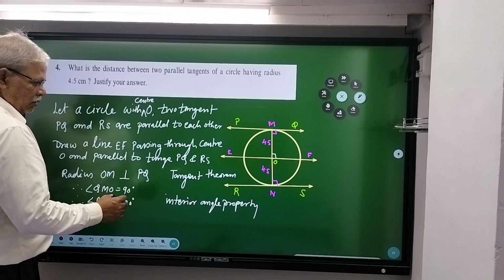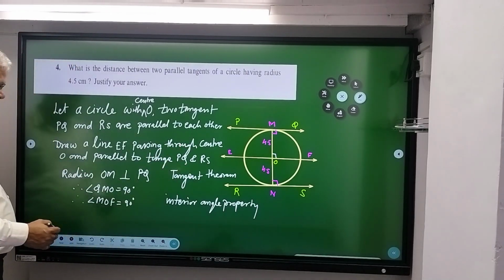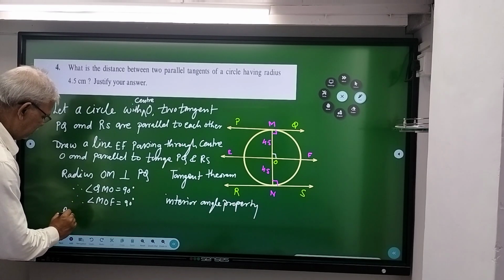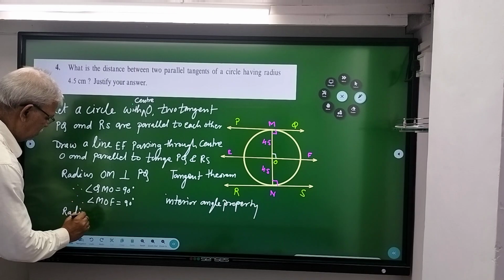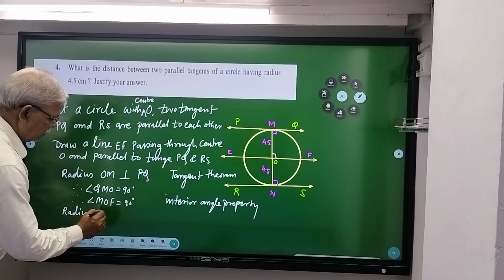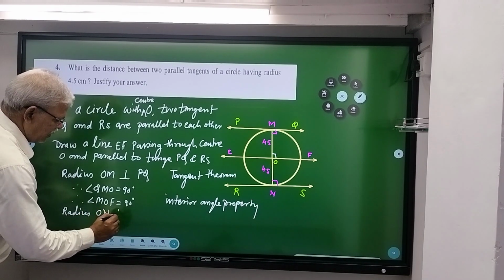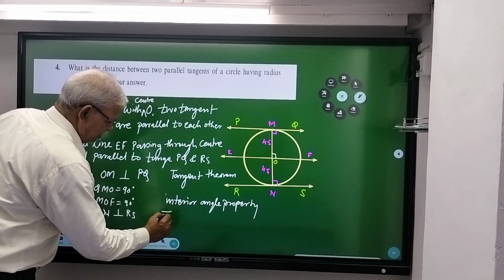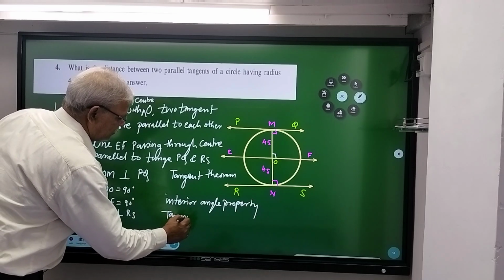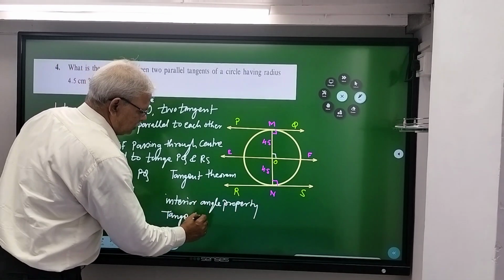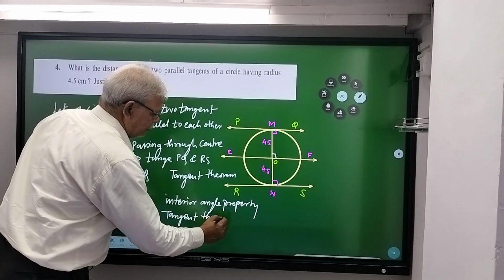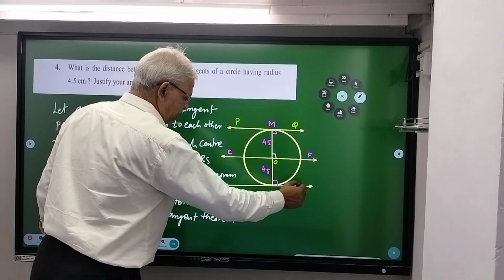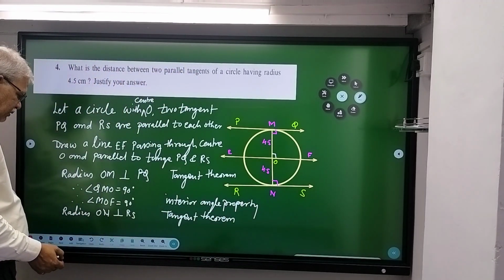Now similarly here, radius ON is perpendicular to RS from the tangent theorem. Okay. ON is perpendicular to RS from tangent theorem.